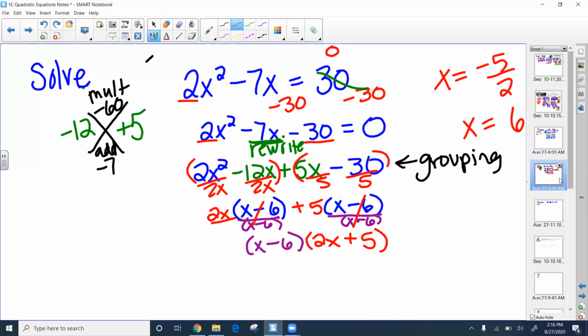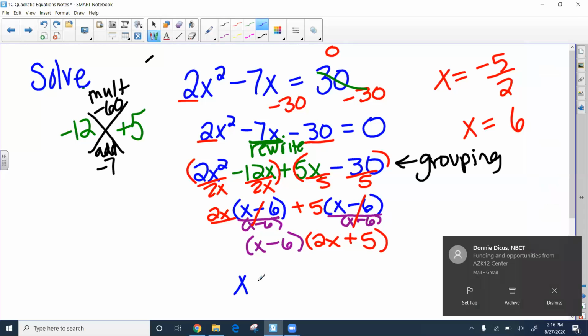But we are not done yet until we actually solve. So then to solve, we have to set each factor equal to 0. Right, so I would set the x minus 6 equal to 0.